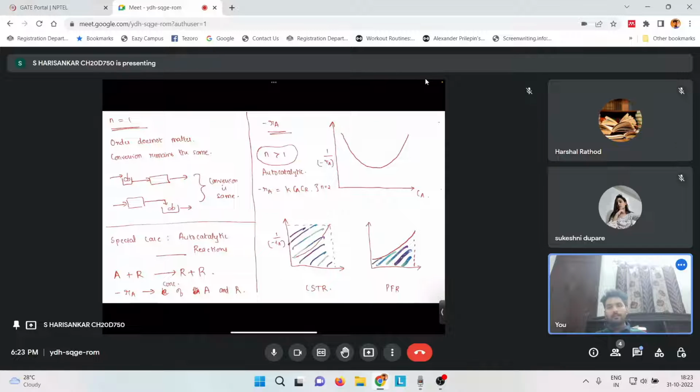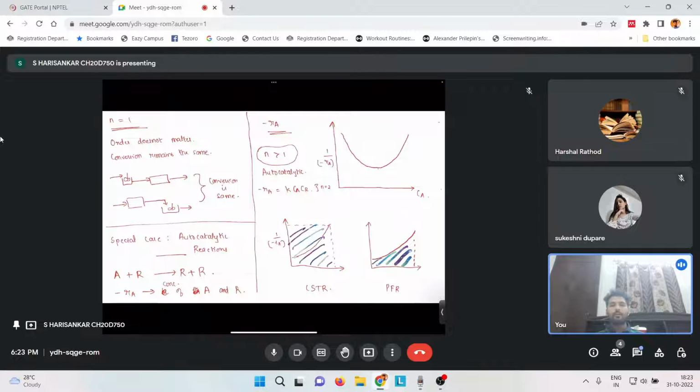So here, to minimize the volume, what you can do is, can someone say what is the order of CSTR and PFR combination that we use for order greater than one? What reactor do we use first, and what reactor do we use second? We just learned it in the last 5 minutes. So for a normal second order reaction, will PFR come first or CSTR come first?